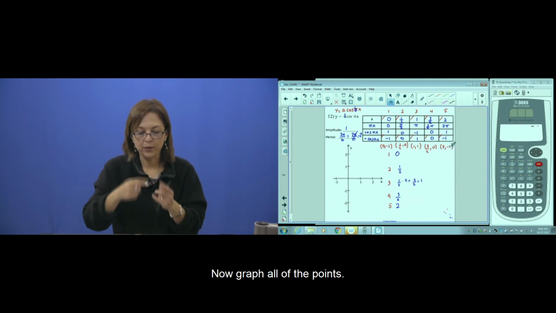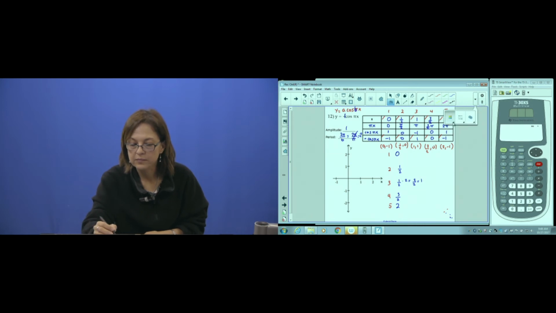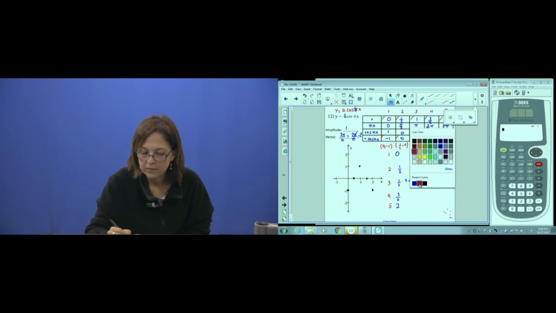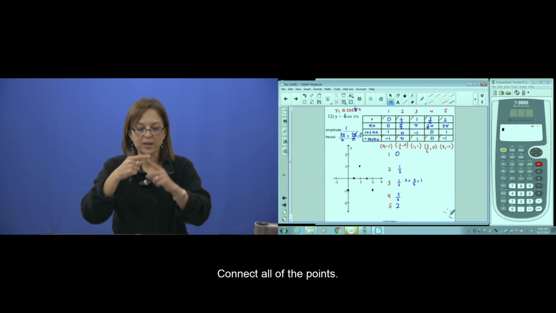Now graph all the points. Connect all the points.